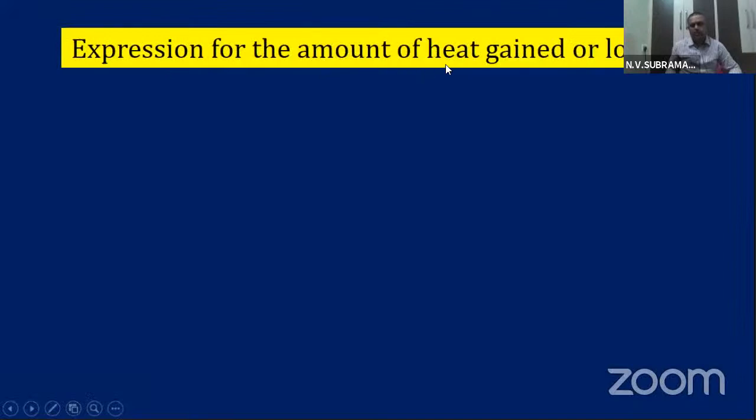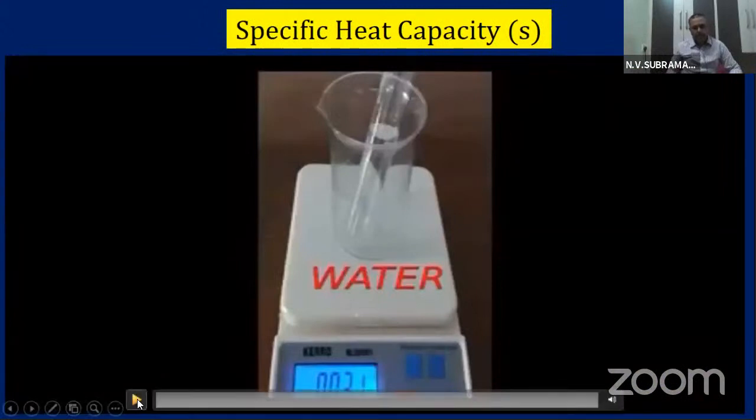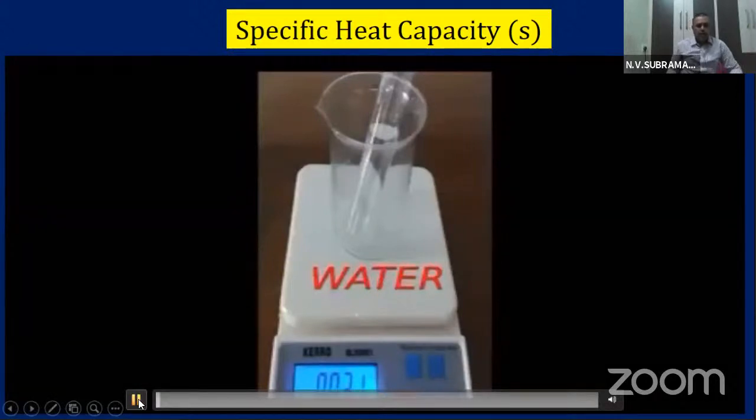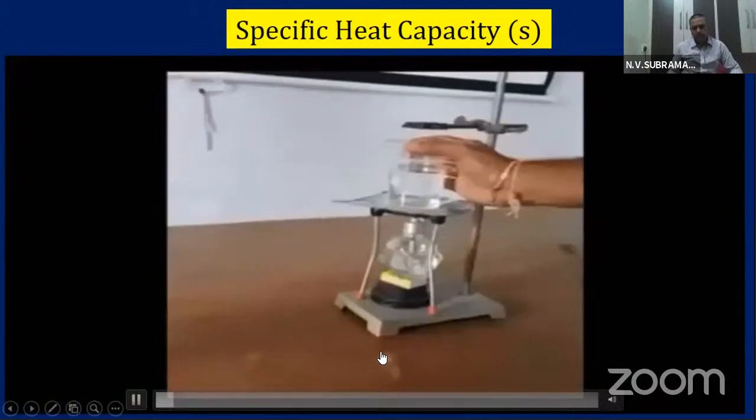Expression for the amount of heat gained or lost. For that, see here this activity, let us see. Here you are taking water, children. How much? About 0.031 kgs of water.